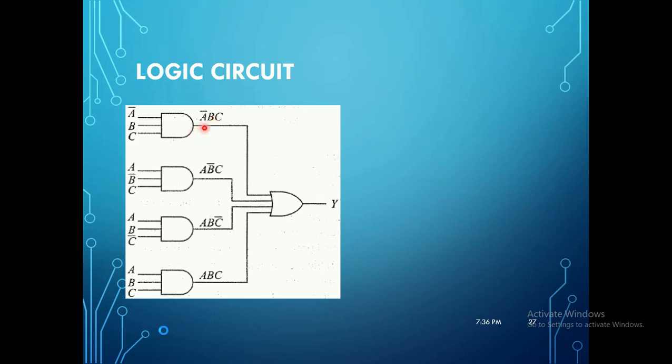The third mean term was represented as A bar B C. So that is one input. Next is A B bar C. Next one was A B C bar, and the seventh mean term was A B C. So all these are combined together, and we have given it to the input of OR gate, and then you're going to get the output in the Y.